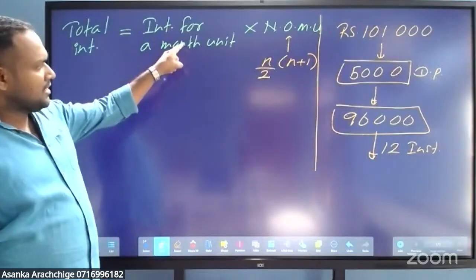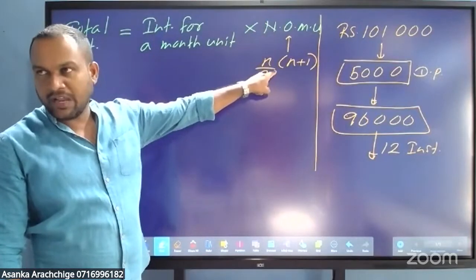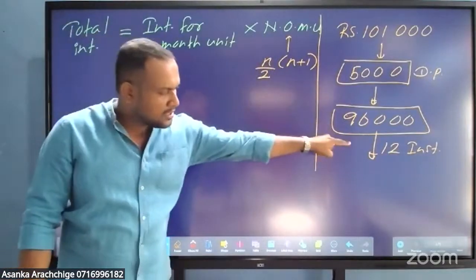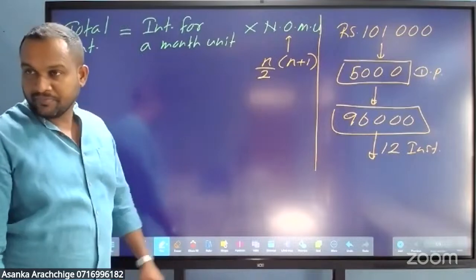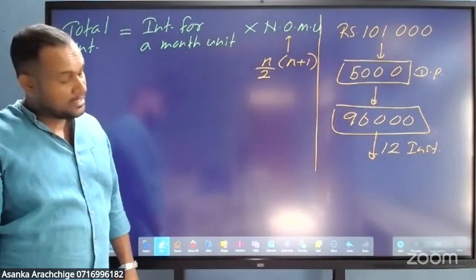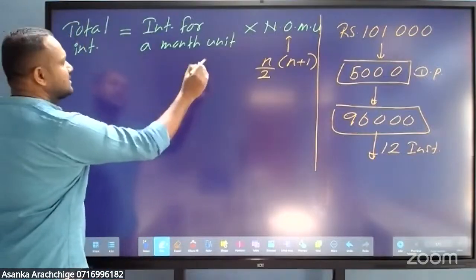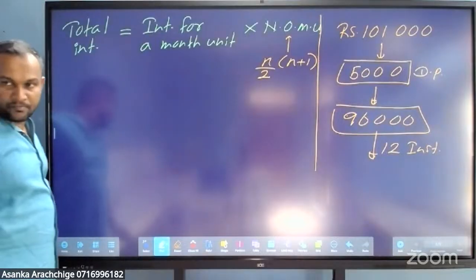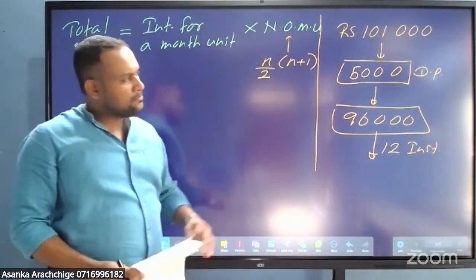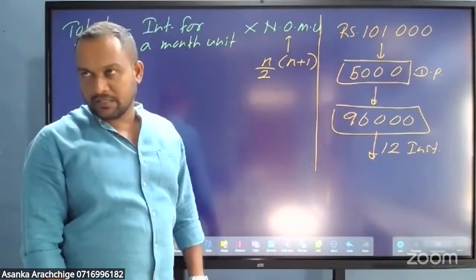Then to find this, we can easily get this value because we know the number of installments, n is 12. To find this, now we have to find the total interest first. Now we are given enough information to find the total interest.